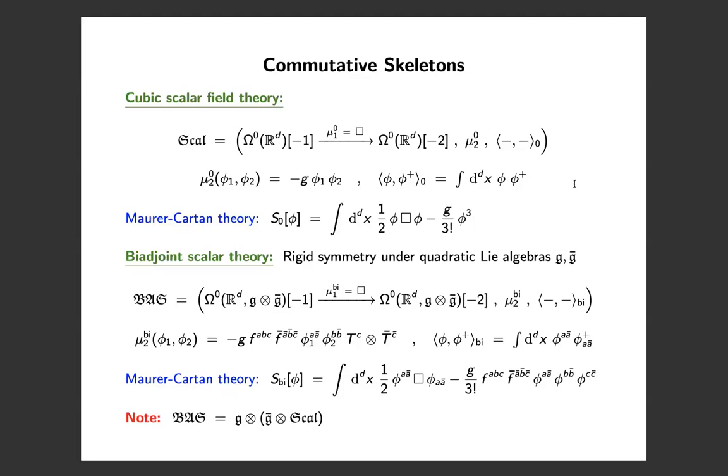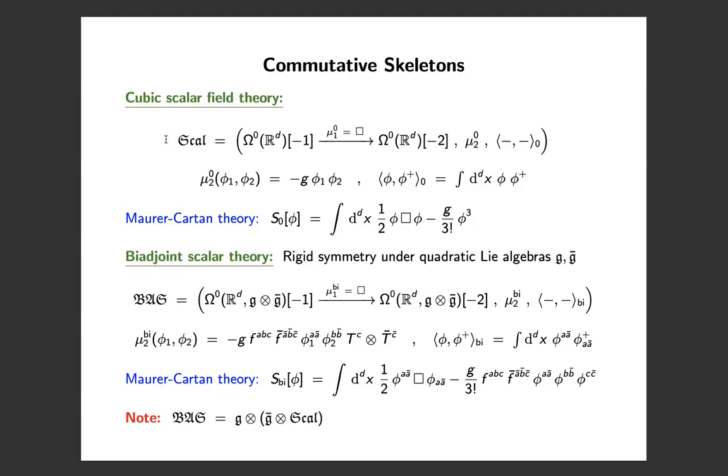The other theory now is the bi-adjoint scalar theory, where I'm going to dress this theory with color, actually dress it by two sets of color factors. So it's not a gauge theory. It's a theory that has a rigid symmetry under a pair of Lie algebras, and in particular, they're quadratic Lie algebras. So they each come with an invariant inner product, an ad-invariant inner product.